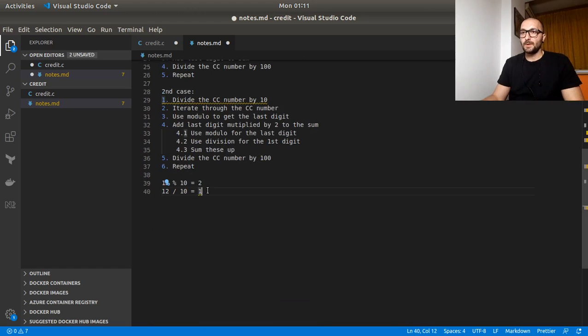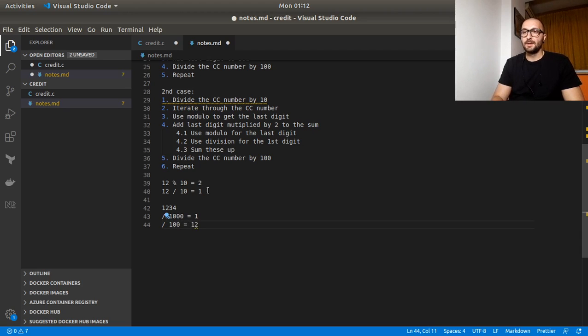So one way would be, for example, if we have 1234, how do we get the first digit? We can divide it by 1000. Okay, so that would be 1 point something, so that's the first digit. So divided by 1000 equals 1, and divided by 100 equals 12.